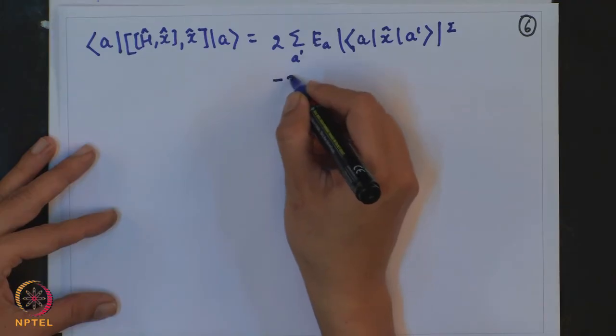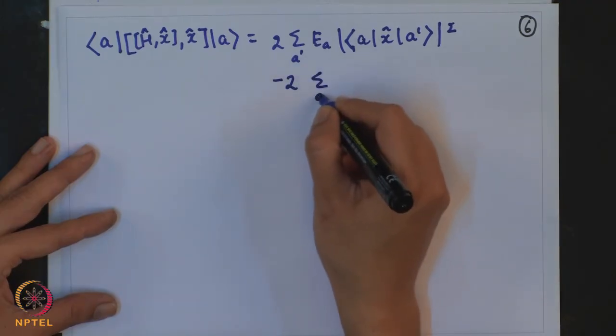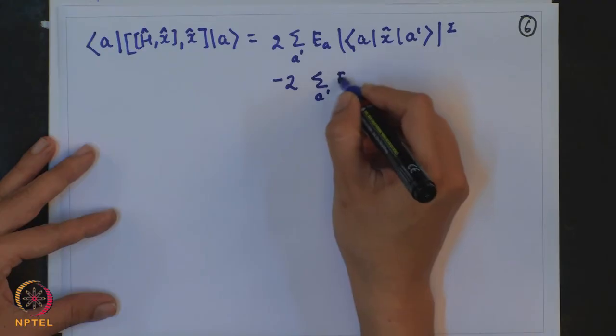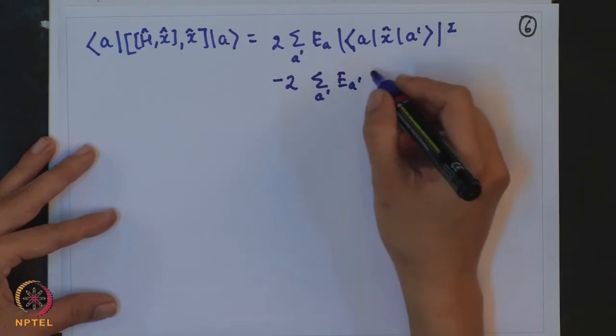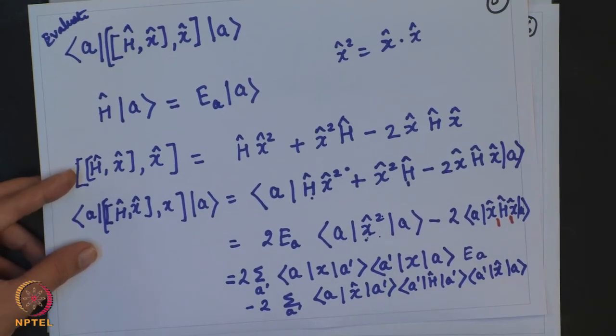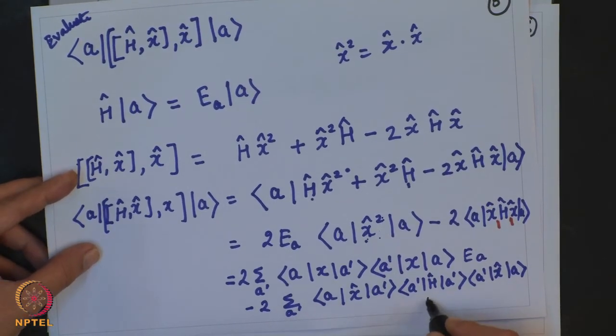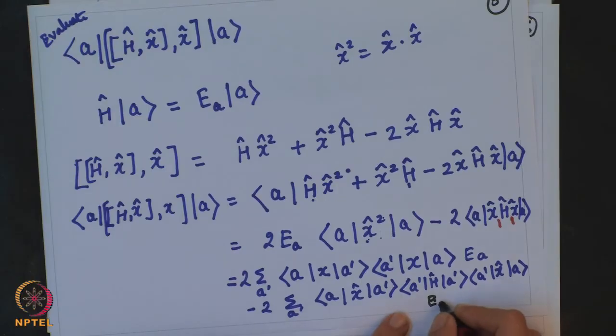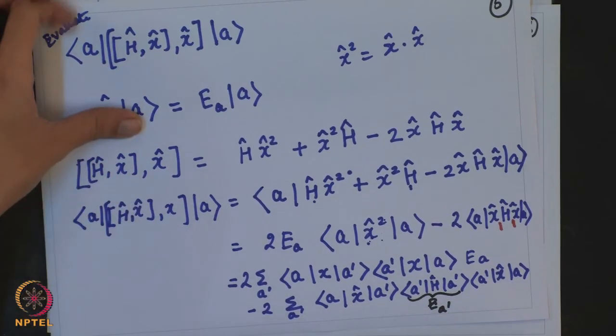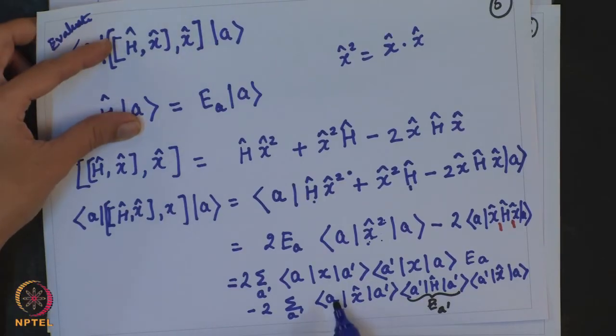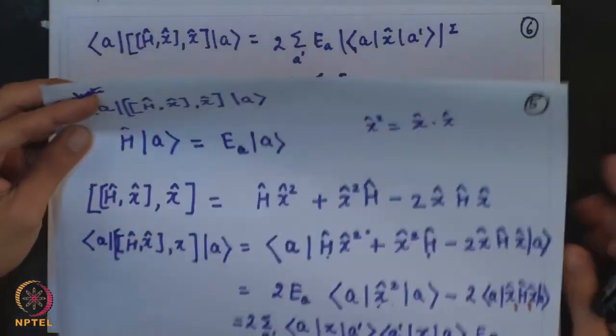The second term is 2 summation A prime E A prime. Again, this would give me E A prime, this term. So I am writing for this term, and these two terms I write as a square.